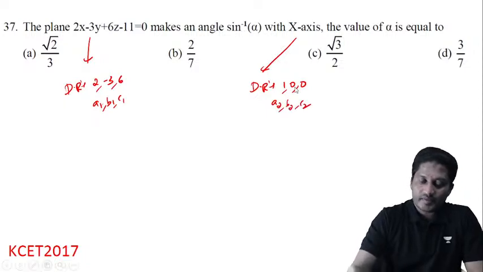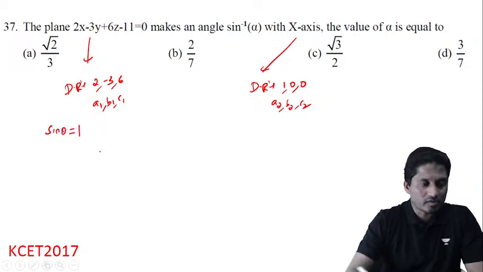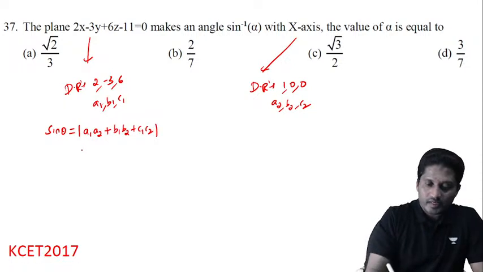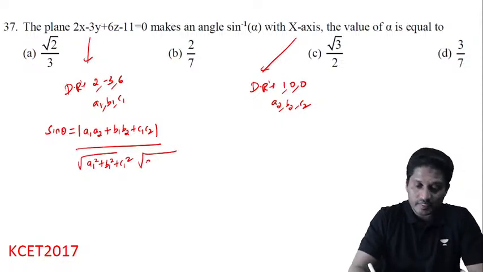The formula for angle between line and plane is sine theta is equal to modulus of a1 into a2 plus b1 into b2 plus c1 into c2 upon root of a1 square plus b1 square plus c1 square into root of a2 square plus b2 square plus c2 square.